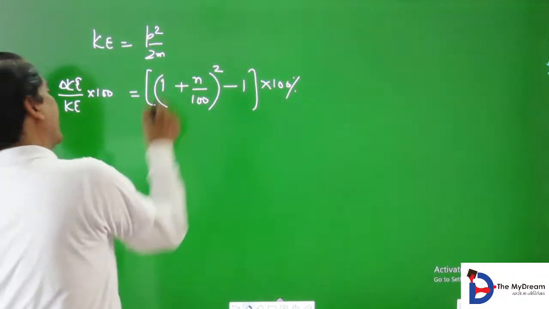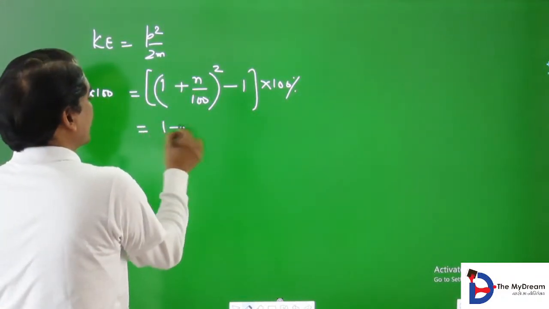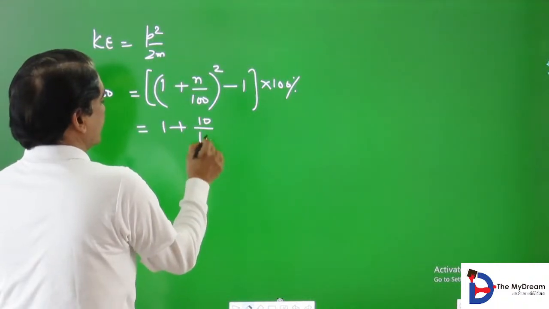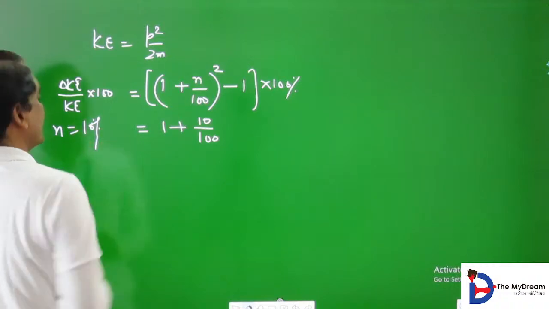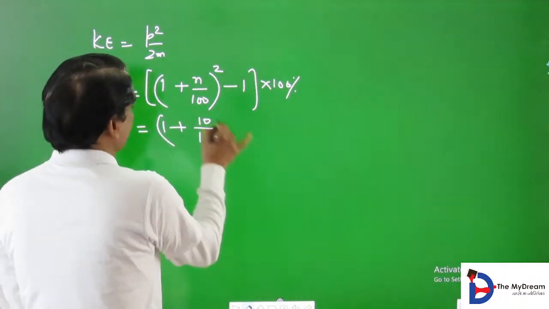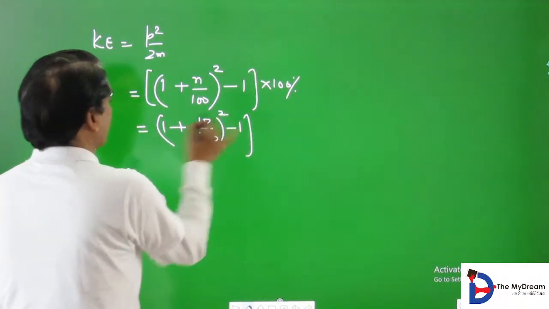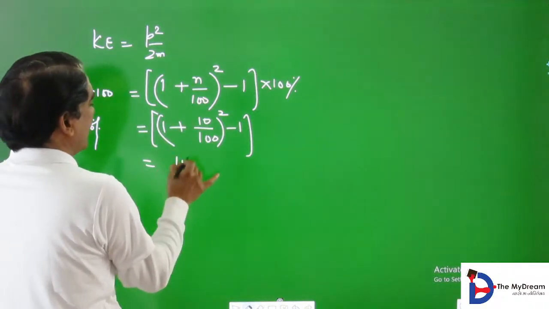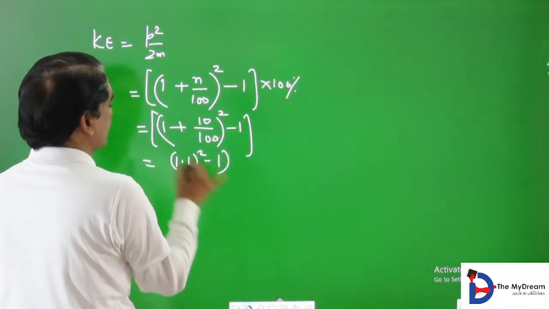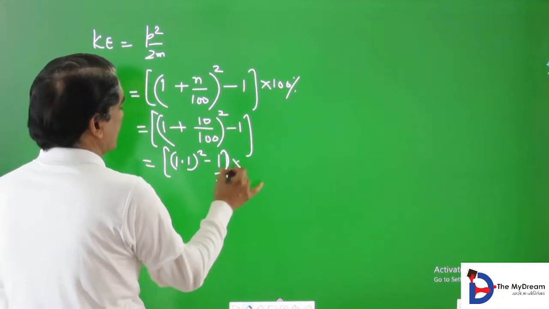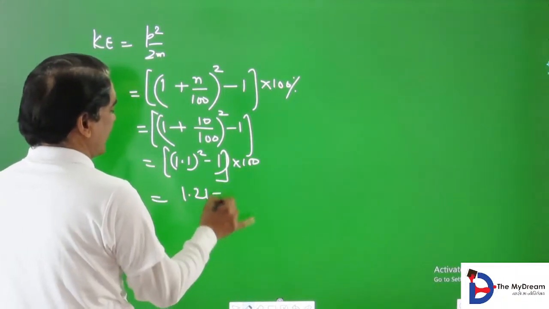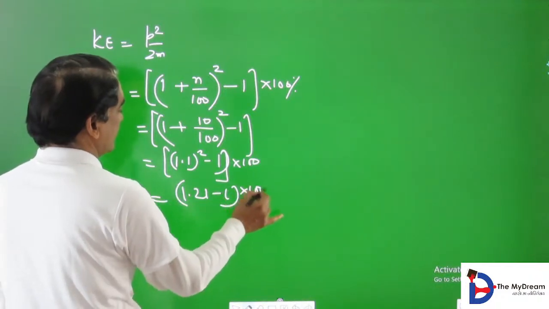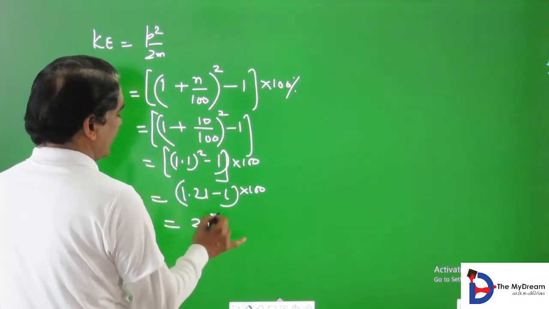In place of n you can write down 10%. आपने कितना लिया? 10. So it will become 1.1, square of 1.1 is 1.21, then you will get 21.